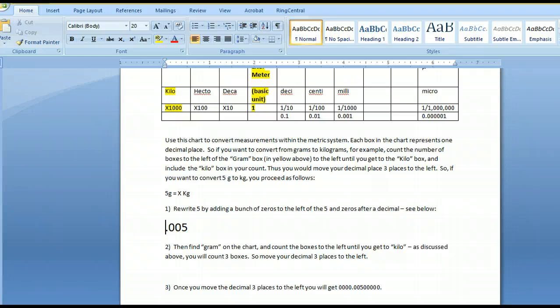So we're going to put a 0 right there. And our answer is 0.005. And let's go back and put our unit in, kilograms. So 5 grams equals 0.005 kilograms. And that really makes sense, right? Because kilograms are greater than grams, so the kilogram is going to be a fraction of that. All right?